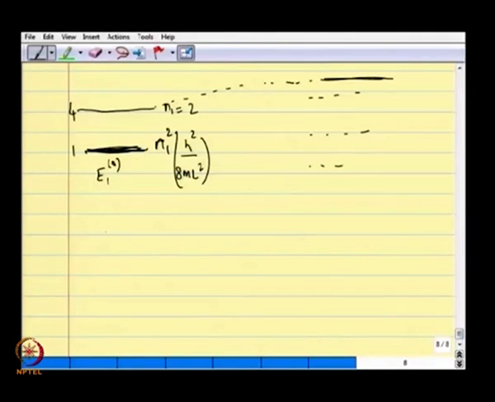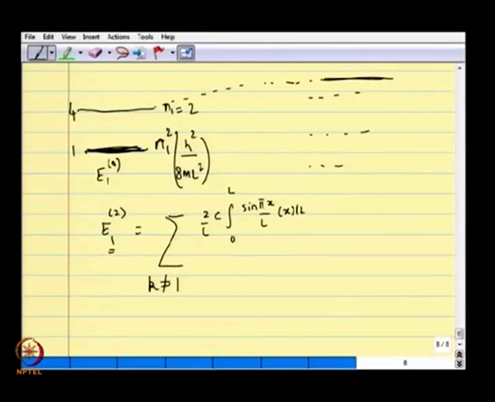Therefore, let us write the second order correction E1 as a sum over k not equal to 1. Since we know all the formulae, we can write the integrals: 2 by L, integral 0 to L. Remember, there was a psi n 0, so this is sin(pi x by L), the first wave function, times c x into (L minus x).